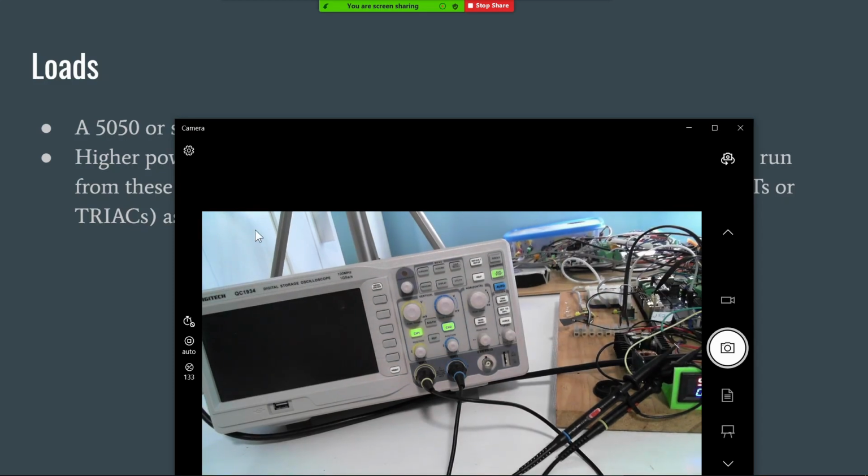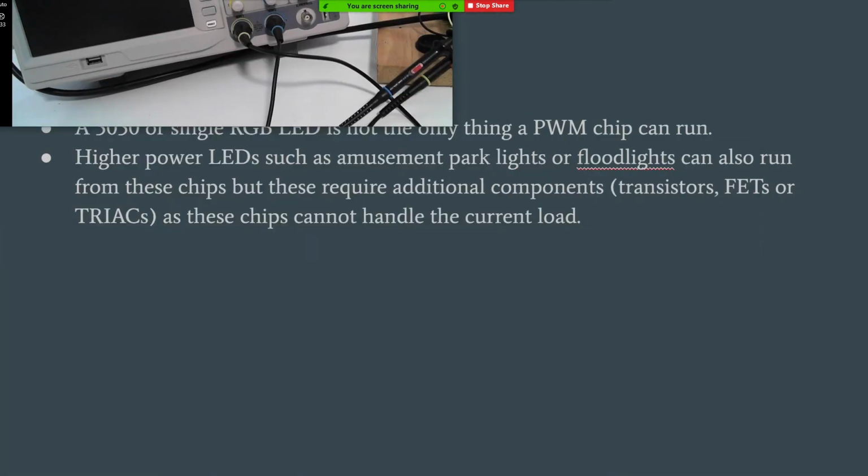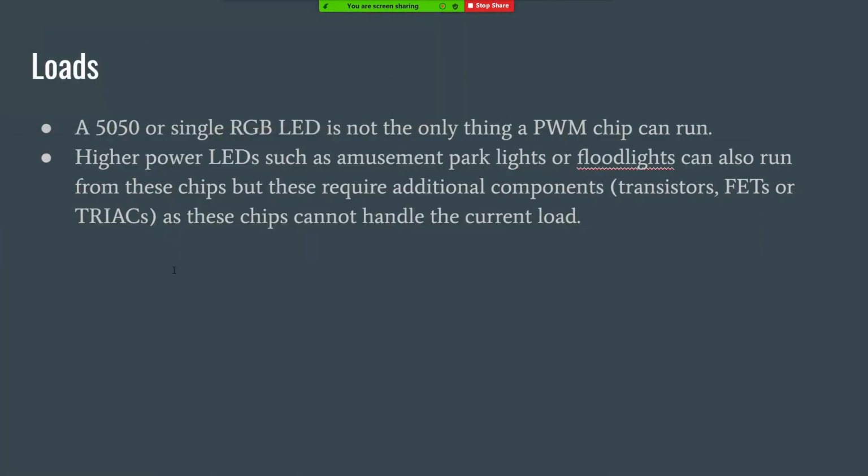These things have extra transistors in place to enable the 2811 chip to drive more LEDs than just one. Very few 2811 chips or other chips would allow you to drive that many LEDs off a single chip. And so they'll often have a transistor or a FET, or in some cases you can even drive AC signals using something like a triac, because the chips just can't sink that much current.